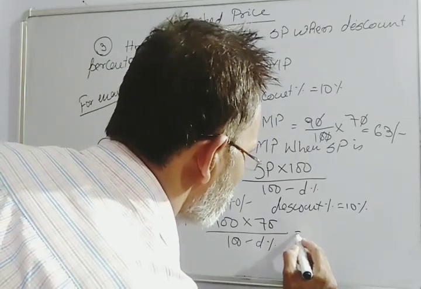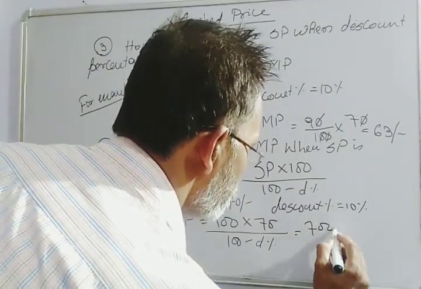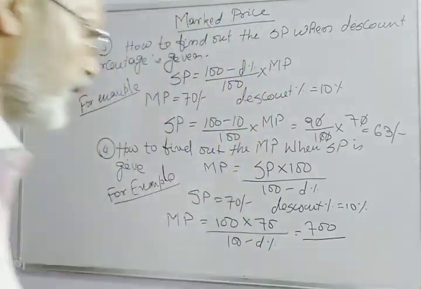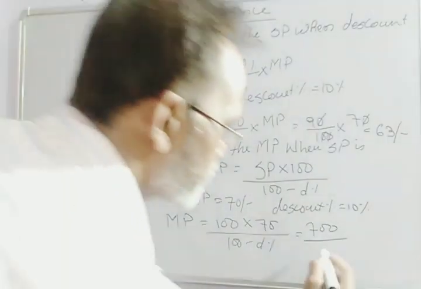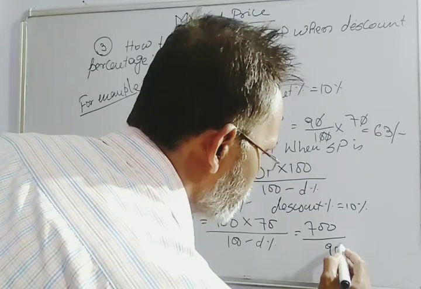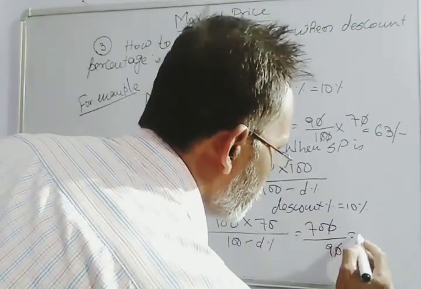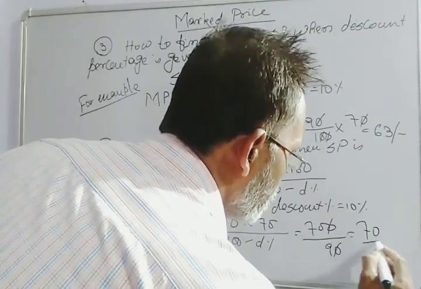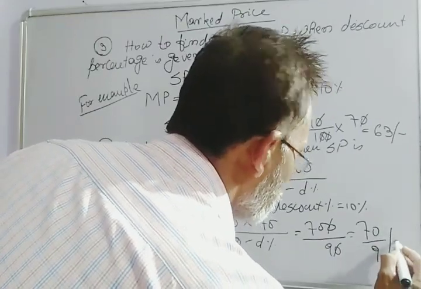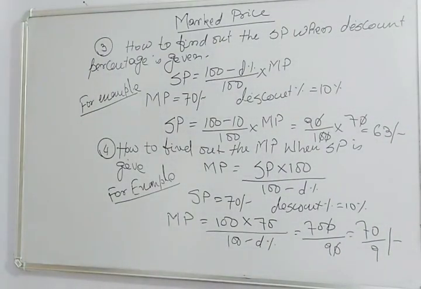So this is equal to 7000 by 100 minus discount percentage, which is 90.